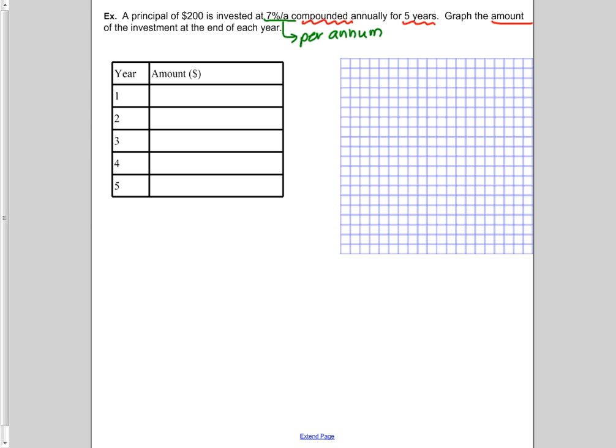So at the end of the first year, let's write our equation again. At the end of the first year, it was $200 principal at 1 plus 7% would be 1.07 to the 1. If we type that into our calculator, we will get $214.